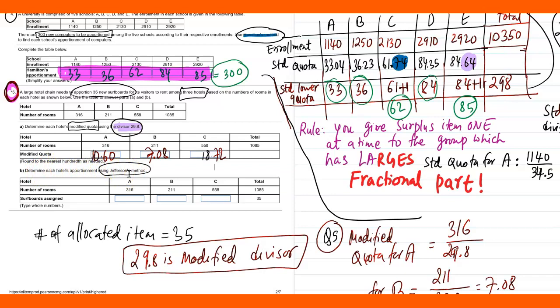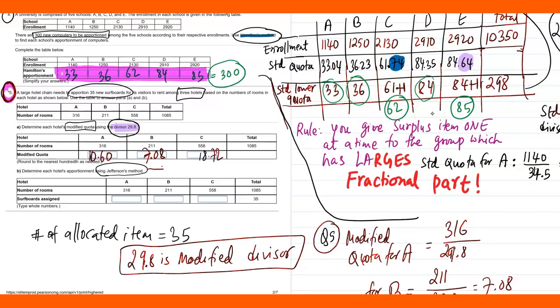Okay, now listen, in the Hamilton method, whenever you find the standard coda, you lower down, right? In the Jefferson method also you lower down modified coda. Exactly similar to Hamilton, you lower down.